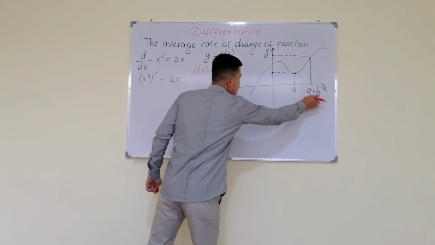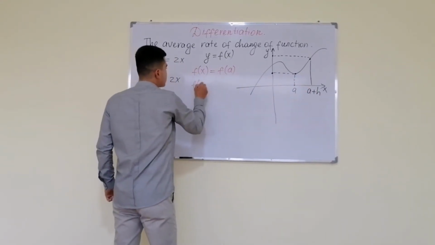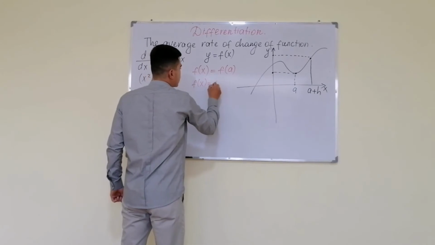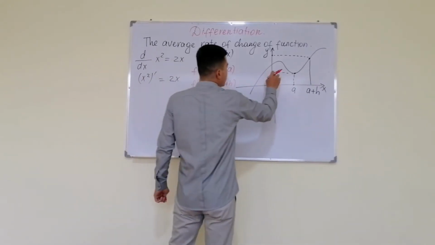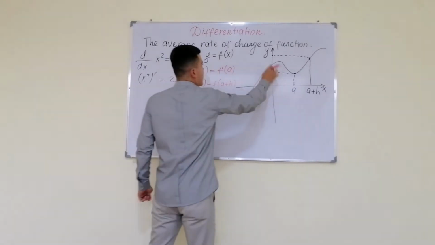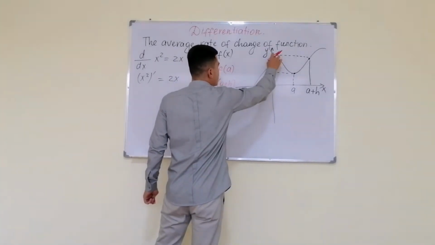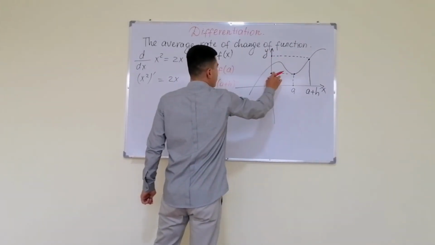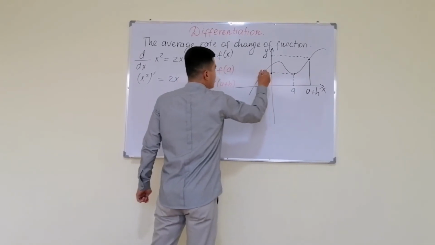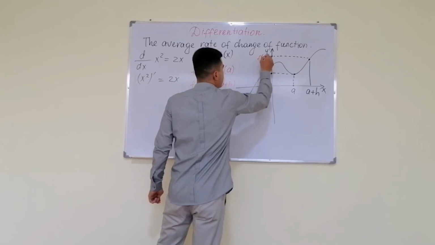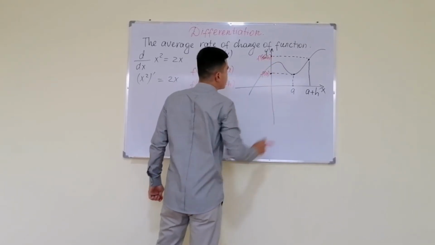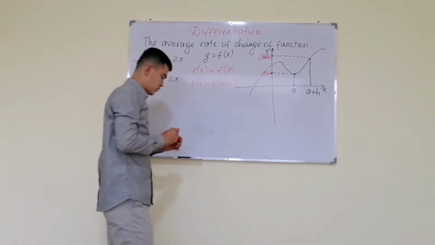And if you take the second point and put it instead of x, it would be f(a plus h). Now we found the 2 points from the axis of y, the first one and the second one. The second one would be f(a plus h). It's bigger than the first one, right?